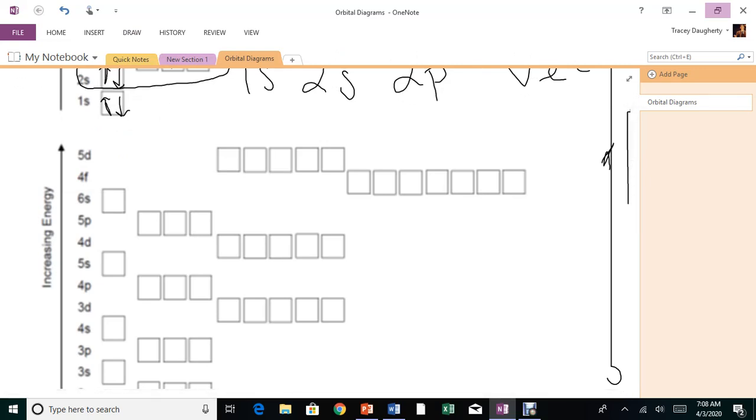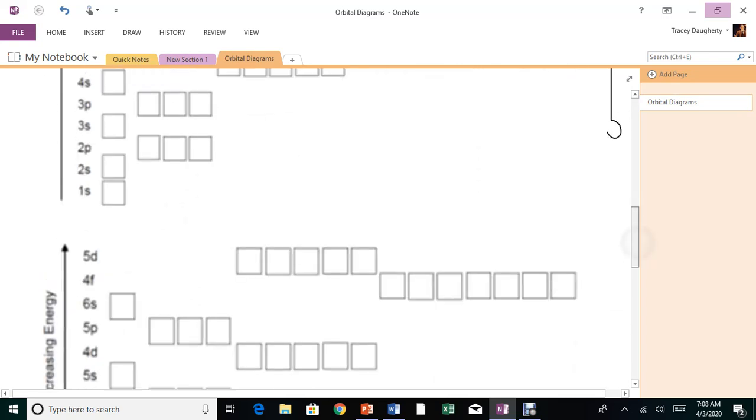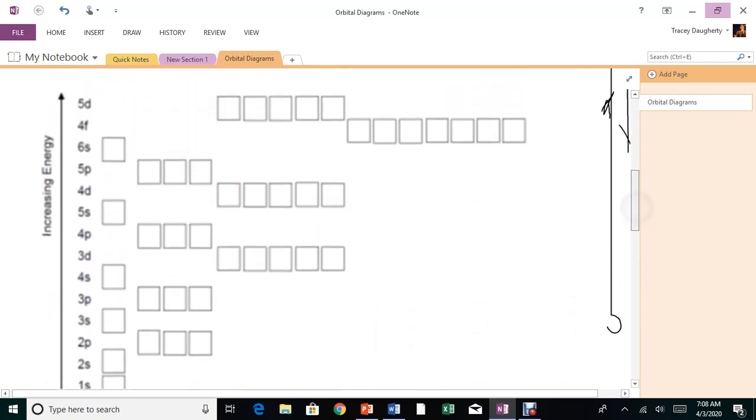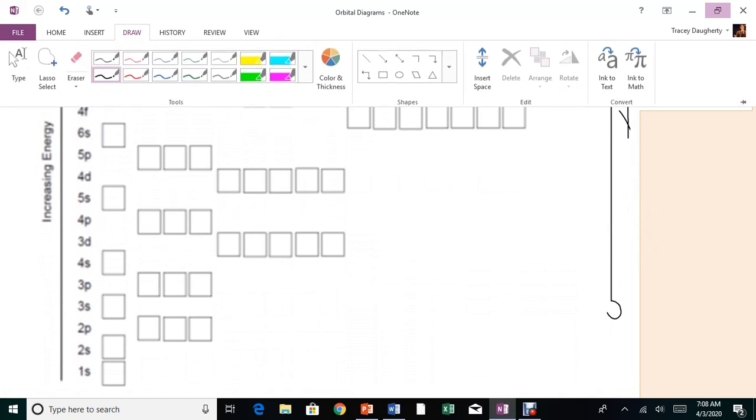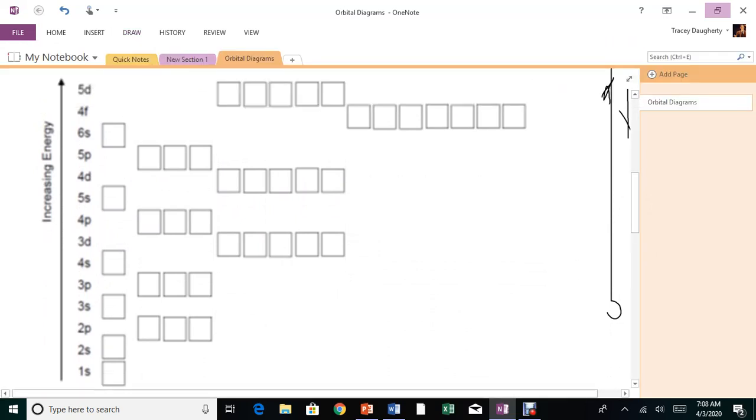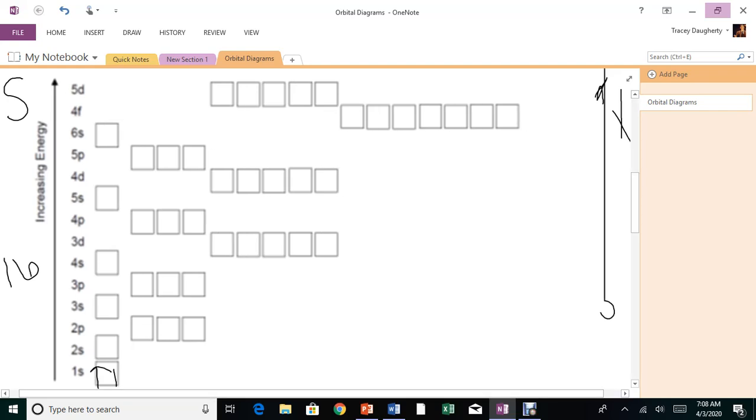Well, you get the idea. Okay, and then sulfur, which has 16 electrons total. We have 1s, 2 electrons in the 1s, 2, 3, 4 in the 2s.